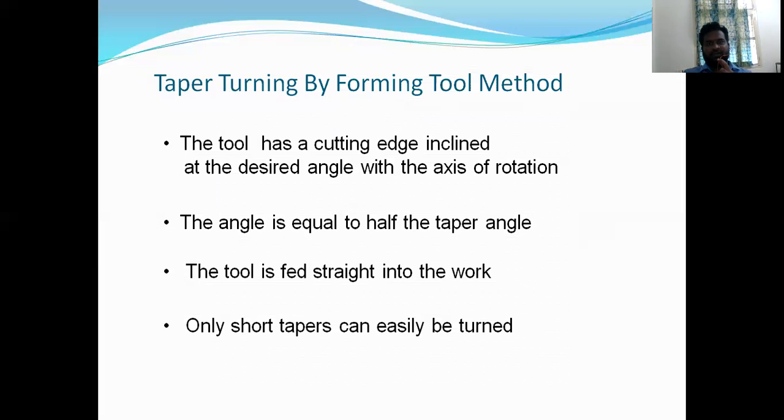With that desired shape, the inclination is on the cutting tool. With that cutting tool, we feed directly onto the workpiece. By doing so, we get the same shape on the workpiece. This is the forming tool method.